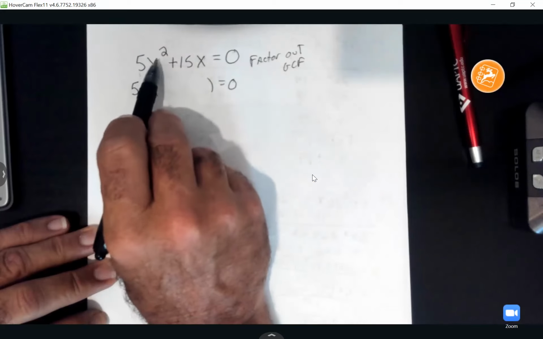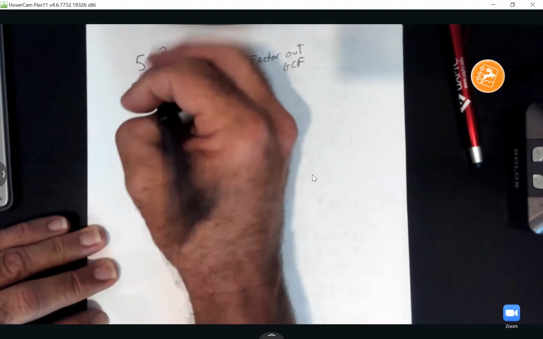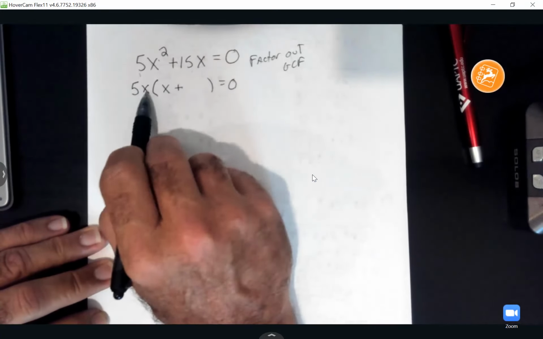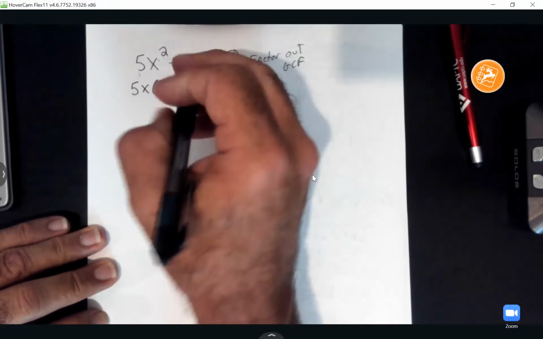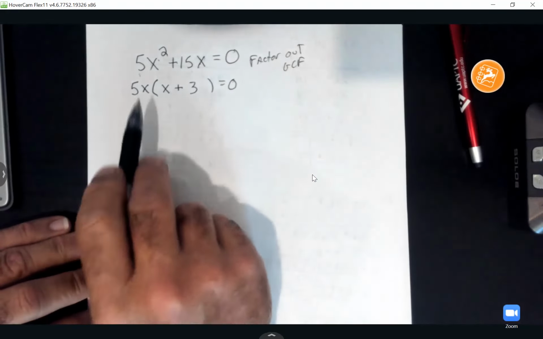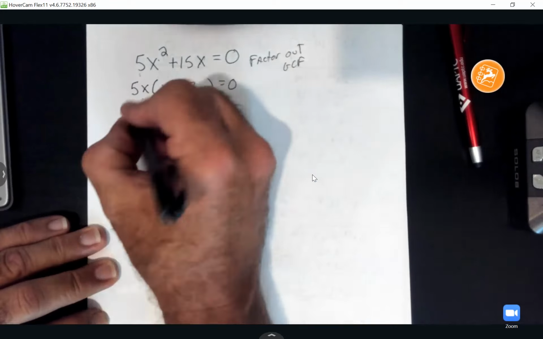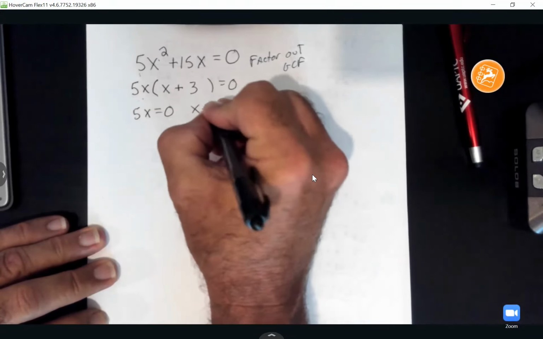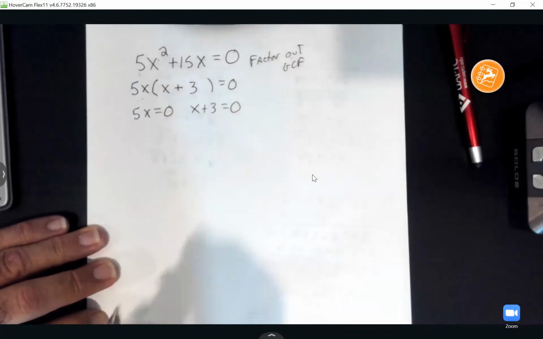So if you factored out a 5x from 5x squared, that's going to leave you an x, plus if you factor a 5x out of 15x, well, 15 divided by 5 leaves me a 3. So notice I got two factors now. So I would set 5x equal to 0, x plus 3 equal to 0.